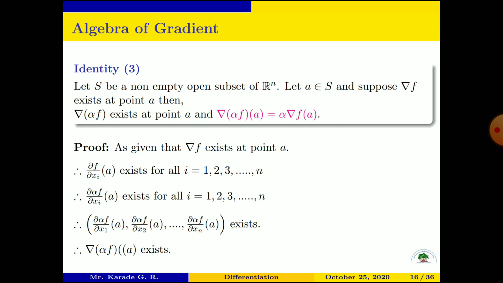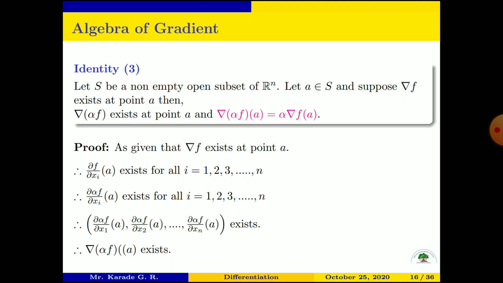Proof for this identity. First of all we show that the gradient of alpha f exists at point A. As given, the gradient of f exists at point A. Therefore all the components of the vector gradient of f, dou f by dou xi at point A, exist for all i equal to 1 to n.